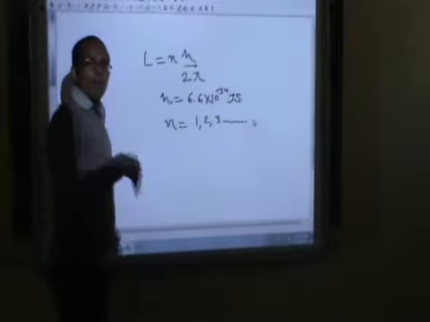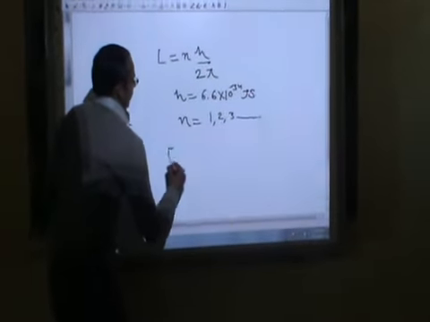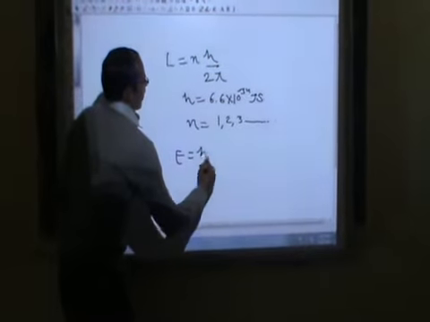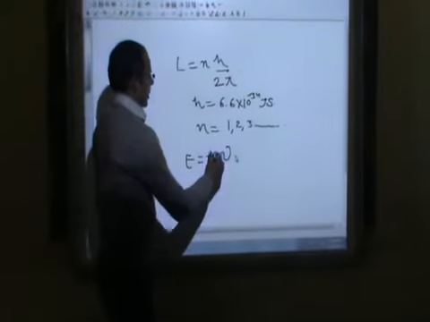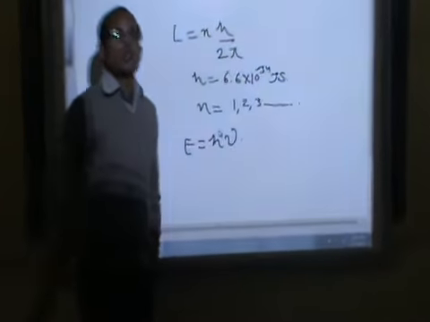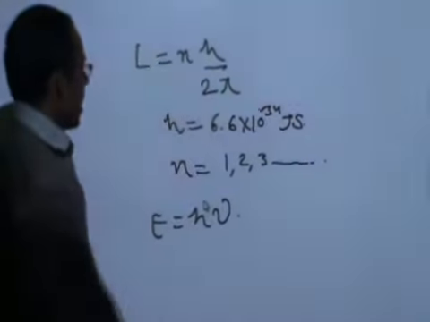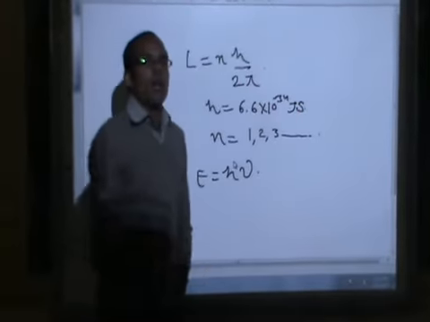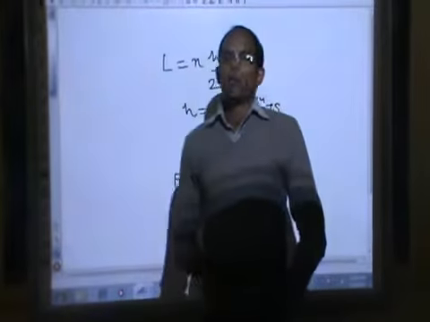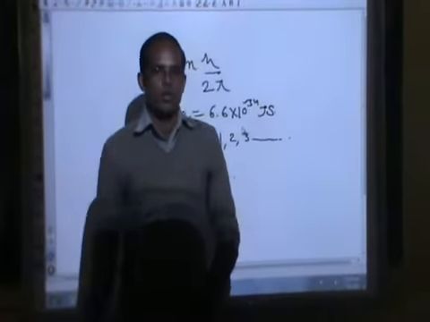So the energy emitted or absorbed in the form of a photon is equal to h nu, where h is the Planck's constant whose value is 6.6 cross 10 to the power minus 34 joule second, and here nu is the frequency of the photon emitted in the process of transition of the electron from one state to another state.